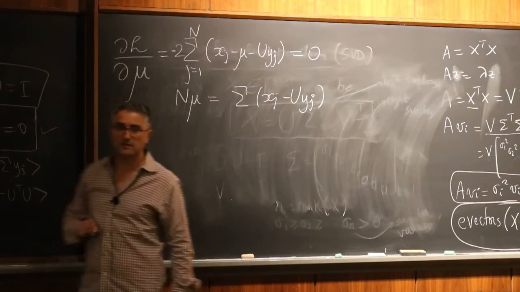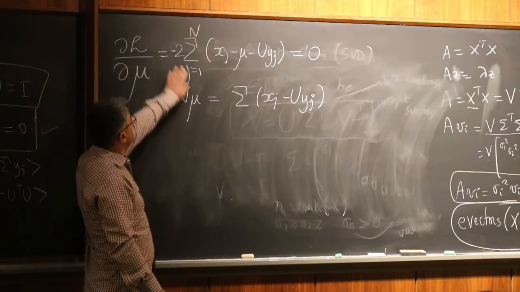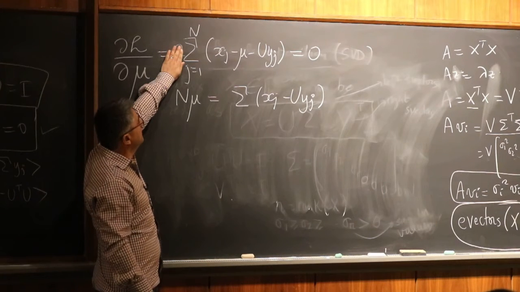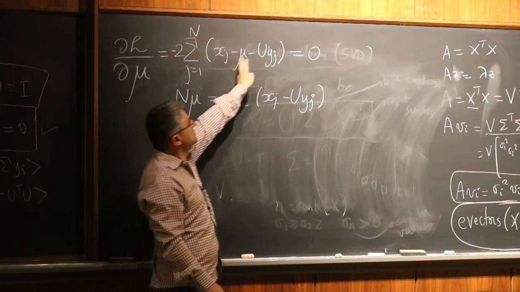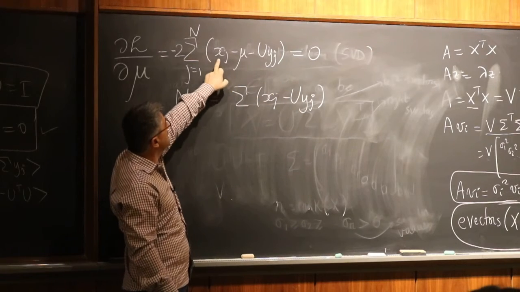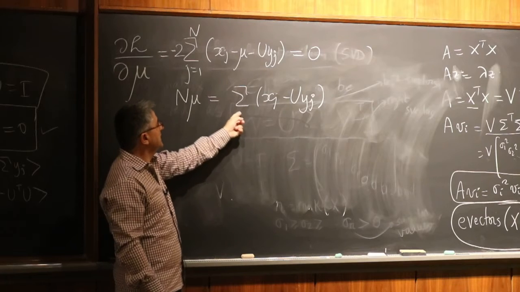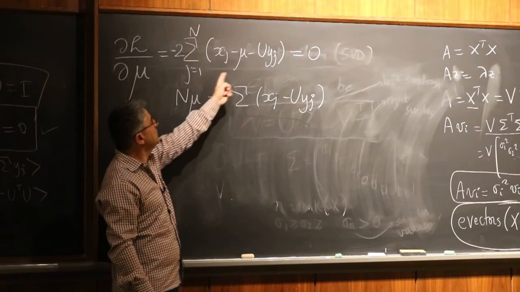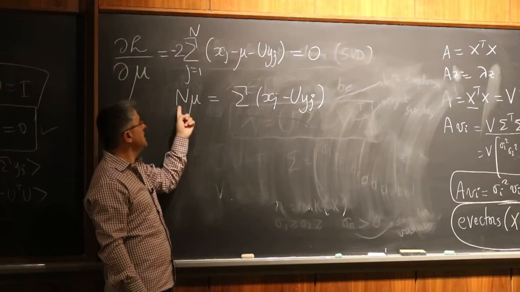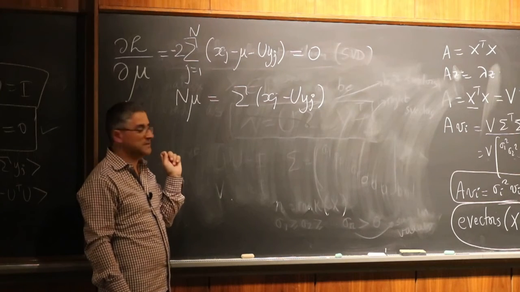So I'm going to forget about the 2. I'm going to move the mu to the other side, and I just get xj minus that. So that's what I've written here. And that's going to be equal to the sum of the mu's, but mu is a constant, so it's n times that mu.